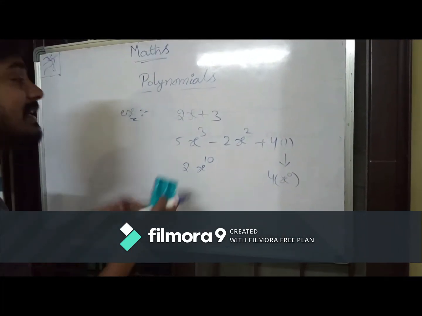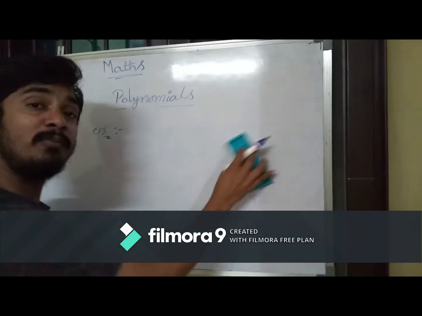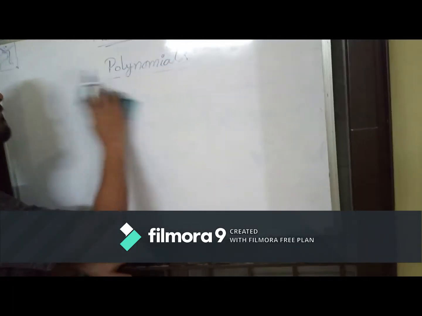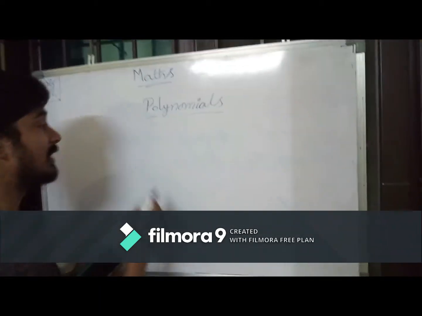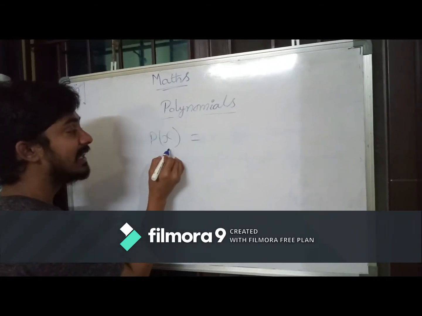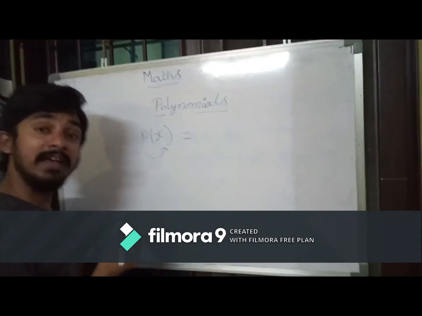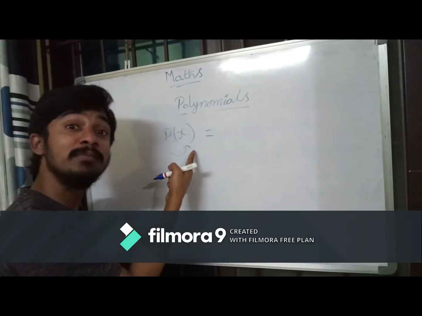So the general form of a polynomial is p of x. P of x means polynomial in terms of variable x.